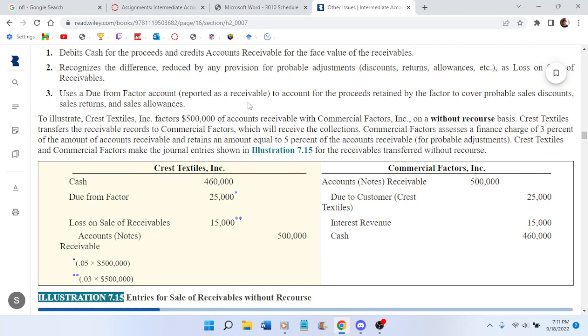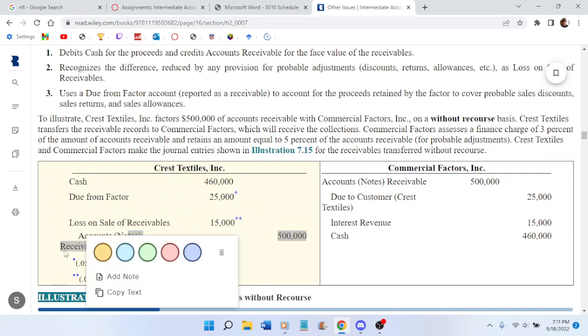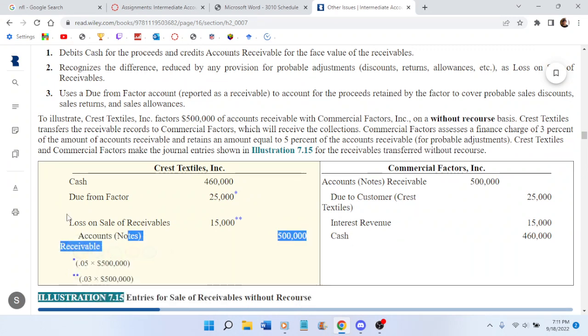So confused. 460,000. Okay. Receivable. Wait. What? Why is the word receivable right here? What on earth? Why is the word receivable right there?